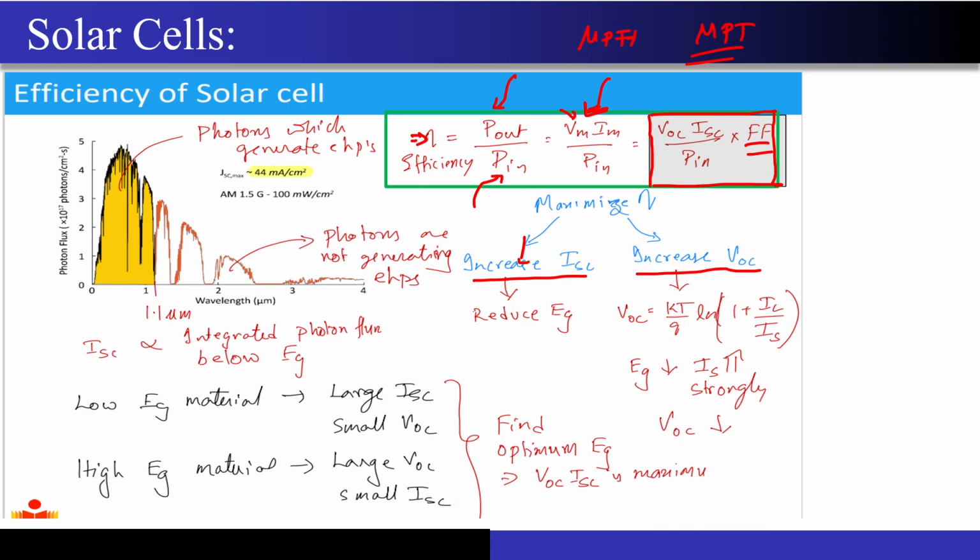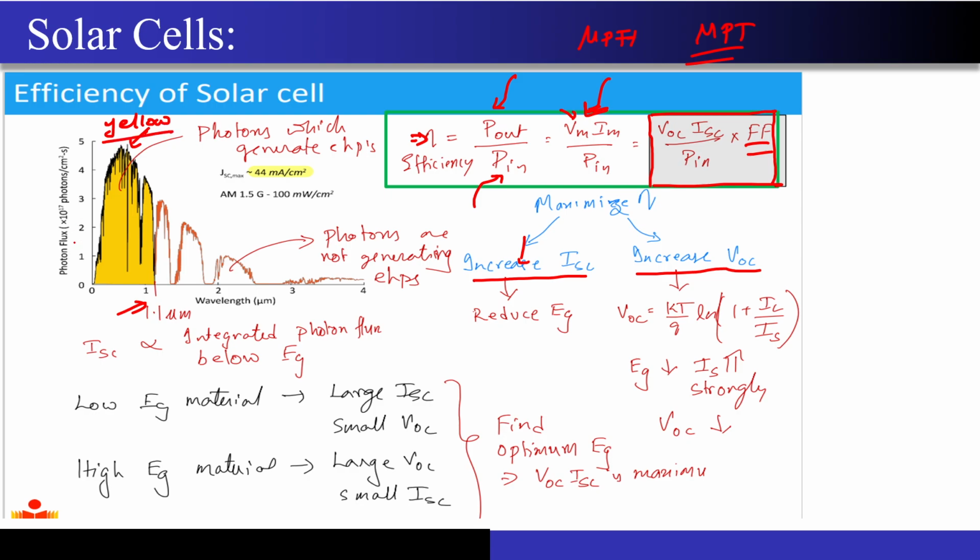If I want my material to have many electron hole pairs generated because of the photons, then I have to make sure that my semiconductor material is absorbing as many photons as possible. For silicon, I was only absorbing the photons highlighted in the yellow area.